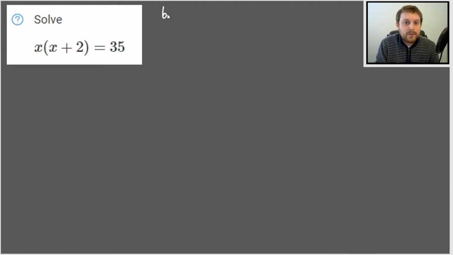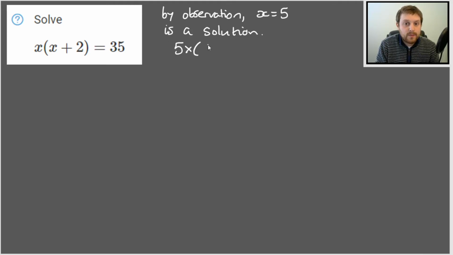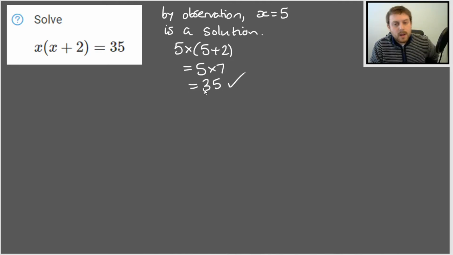So by observation, I'm just going to write this down. By observation, x equals 5 is our solution. Right, and that's because 5 times 5 plus 2 is 5 times 7, which is 35.